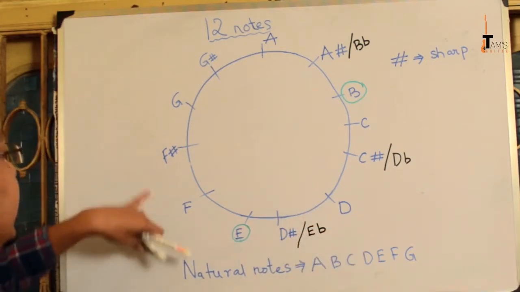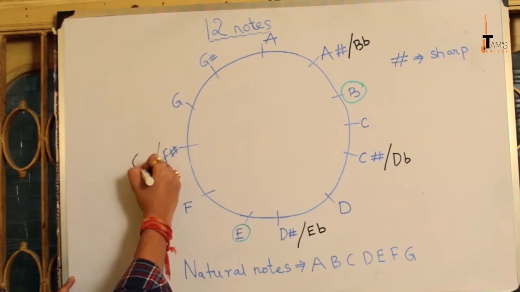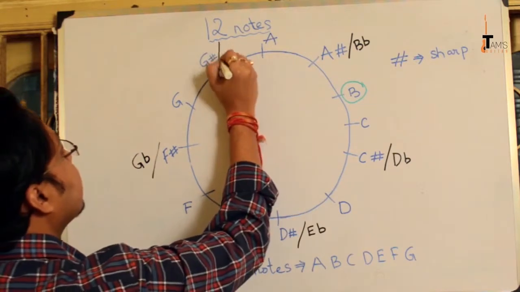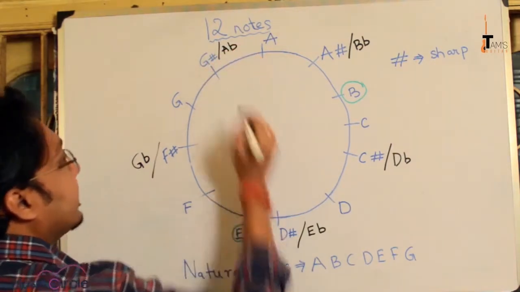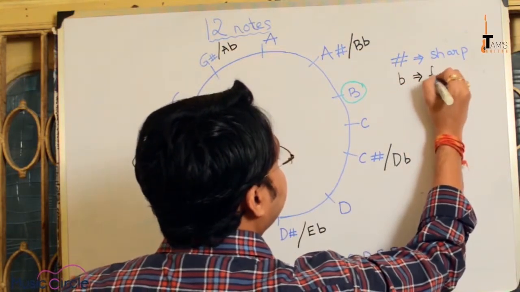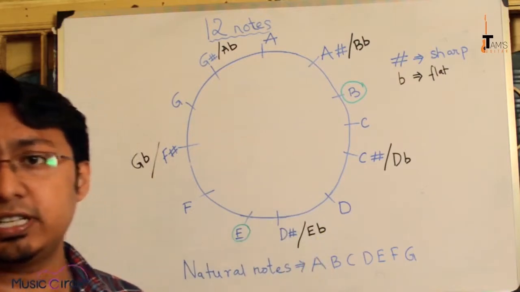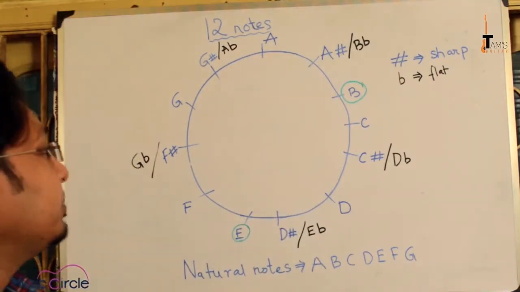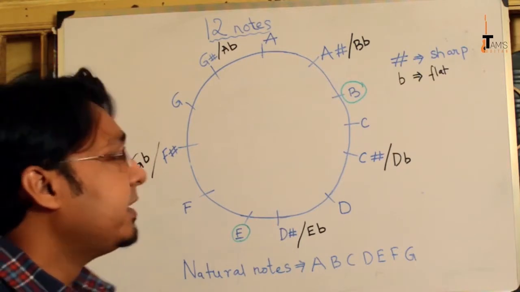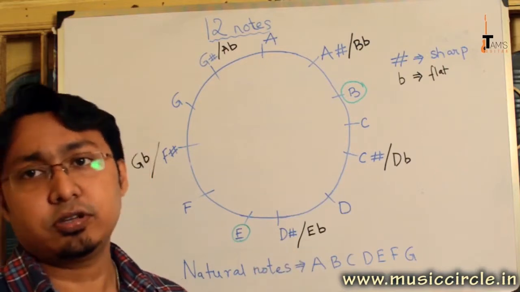And you've got F sharp, that is again G flat, and G sharp is nothing but A flat. So small b means flat. So these are the 12 notes that you can find in music. Alright, and now we'll be learning the way to find out these notes on the guitar.